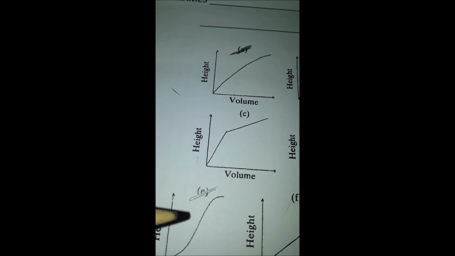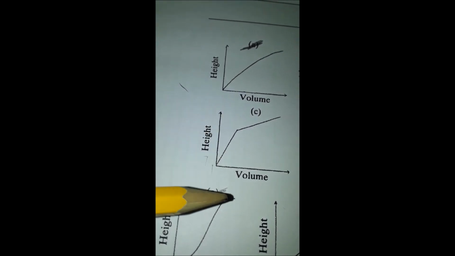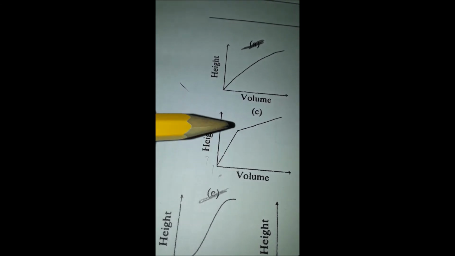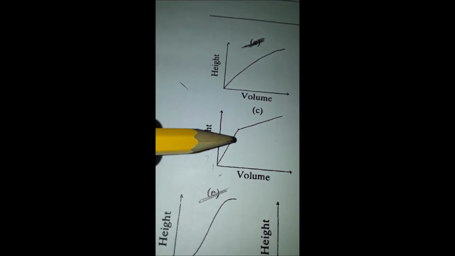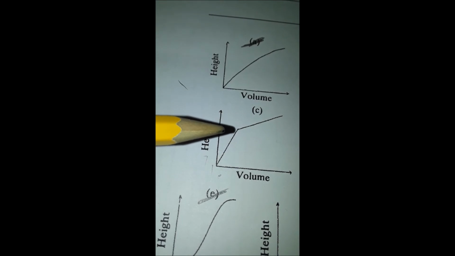And once you get to this point where you're filling up the mallet type of top thing, it'll cause an increase in volume and a decrease in height. Thus the resulting graph would be this. At the start of the graph, it was an increase in height, a decrease in volume, and once it reached the point where it had a greater volume, it went to a decrease in height and increase in volume.